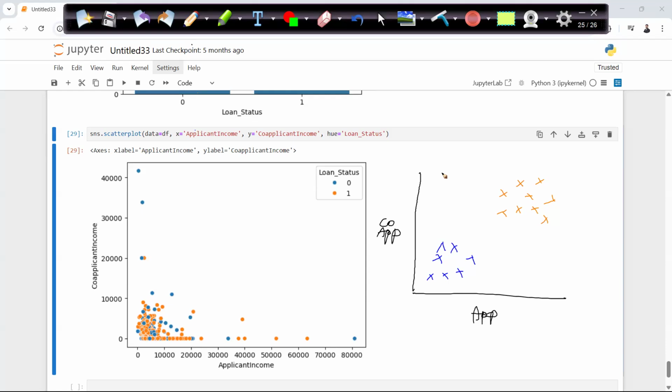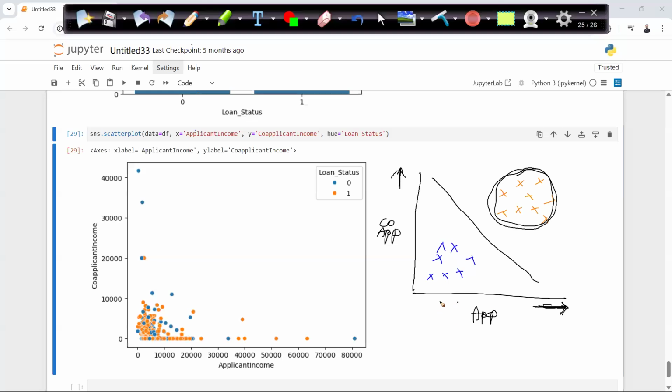If my plot would be like this, then this would have been a very good plot. Why would it be a good plot? Because here I can say clear-cut that those who have higher applicant income and those who have higher co-applicant income, they are getting the loan. Orange dots, right? So those guys who have the higher applicant income and the higher co-applicant income are getting the loan.